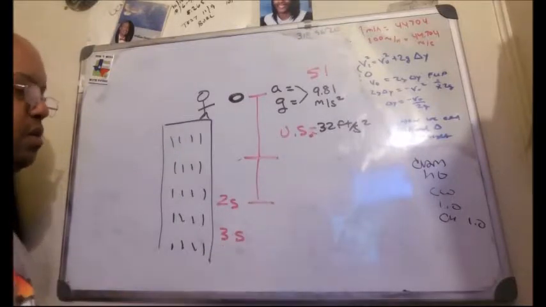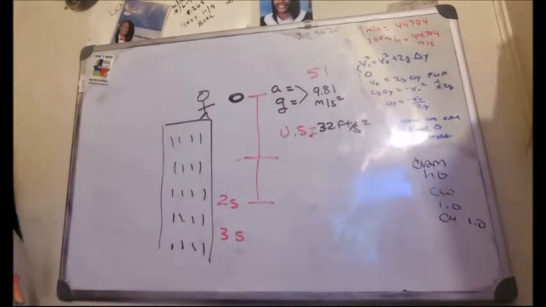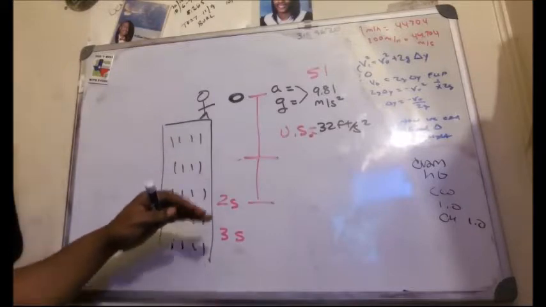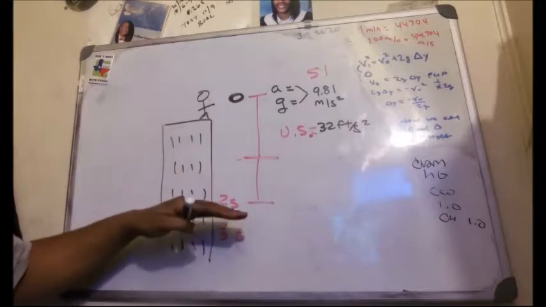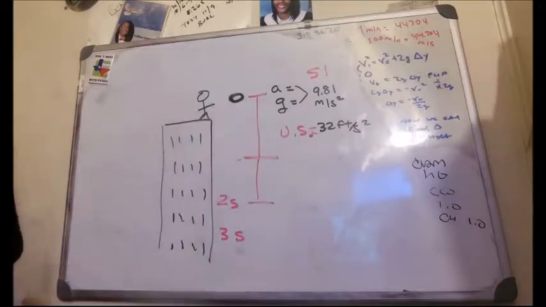In both units. Okay, you want to know the speed at 2 and 3 seconds? So you've released the object. And at 2 seconds, how fast is our object falling? How fast is it falling?